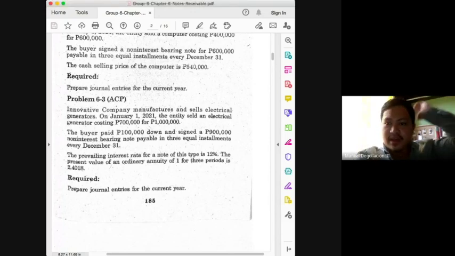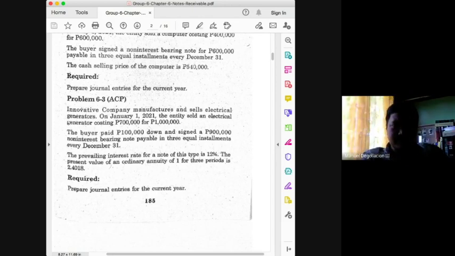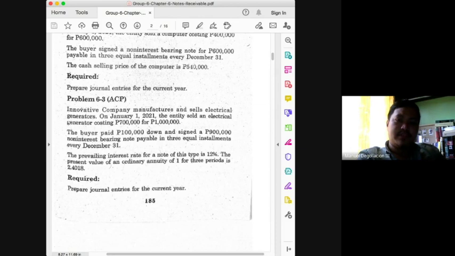The balance is 900,000 and it is to be paid in 3 equal installments. So the first thing that you should avoid doing is to multiply immediately 900,000 with 2.4018. If you do that, it should be very easy for you to know that you got it wrong, because when you multiply 900,000 with 2.4018, you would get around how much is this?